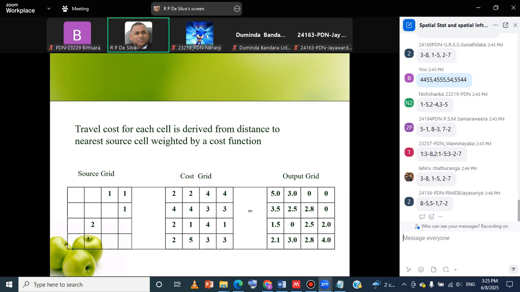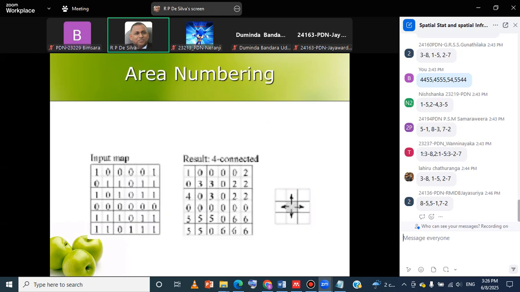Right. Okay. Before we go into the example, we just identify area numbering. This is another concept which you already understood. You remember we look at four-way connectivity or four-cell connectivity, 8-cell connectivity.